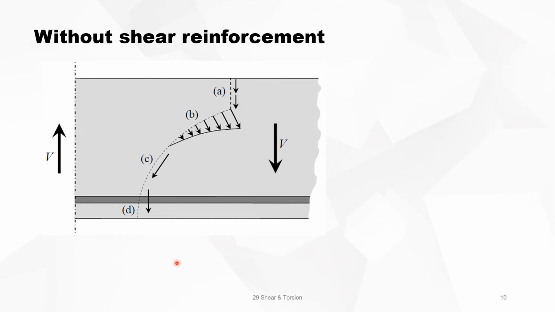Now look at the mechanism of shear resistance. We have 4 parts. The first part, this is the shear crack, and it's a typical shear crack. At the bottom, the shear crack is open, and on the top, it's closed. In zone A, we are in a compression zone of the beam, so it's uncracked concrete in compression.